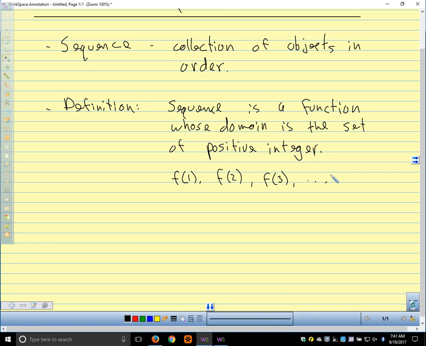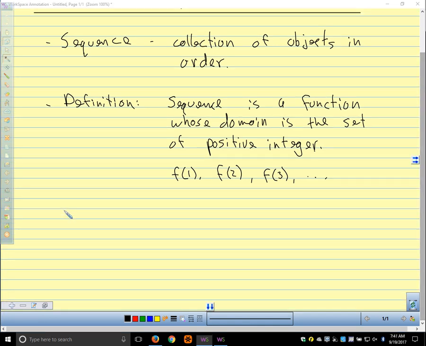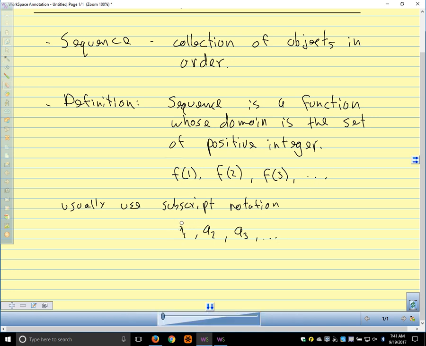We usually use subscript notation. So we would say a1, a2, a3, dot, dot, dot, to mean the same thing as this, and I'll say dot, dot, dot, a sub n. And I could do f sub n, because it could be a finite sequence.